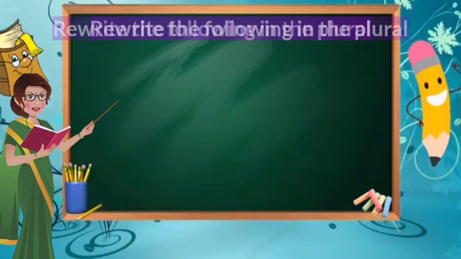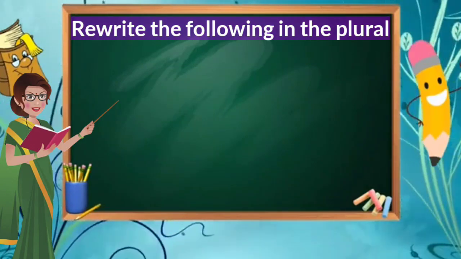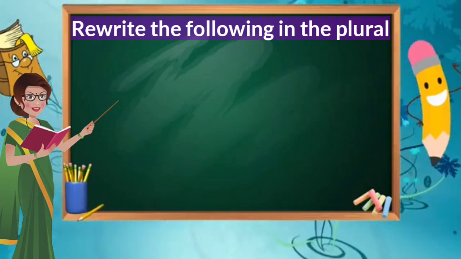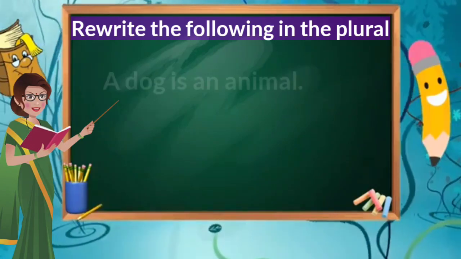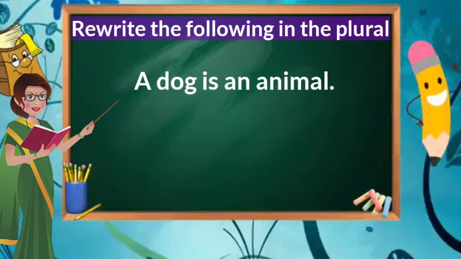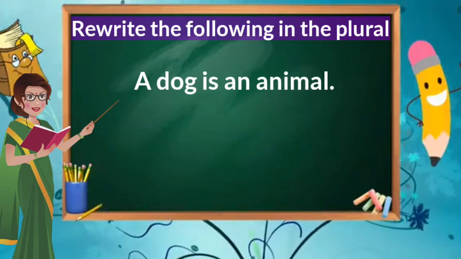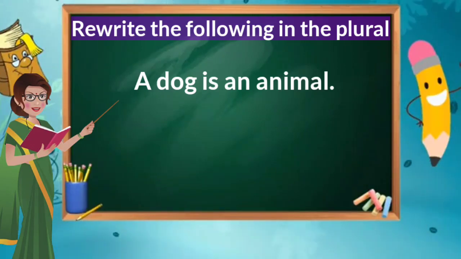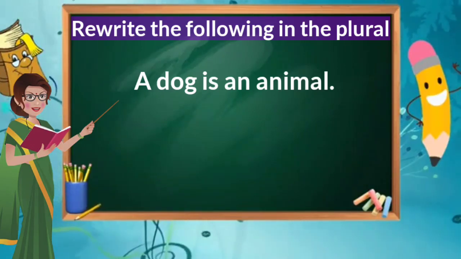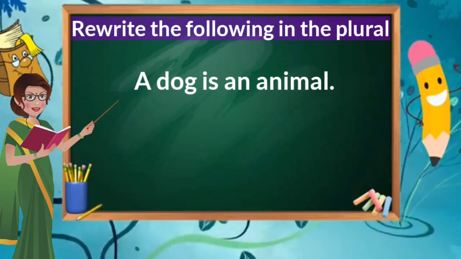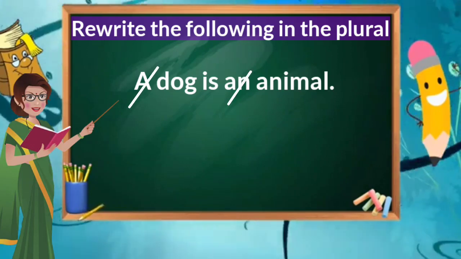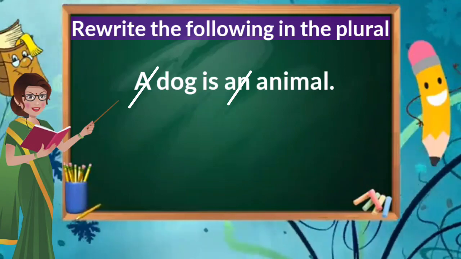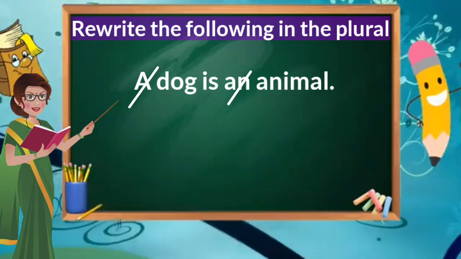Then the next, rewrite the following in the plural. This one is also very important. First question. A dog is an animal. Make it plural, children. Listen, children, here is a trick. At first you have to take out a or an from the sentence, because a or an means a single one.